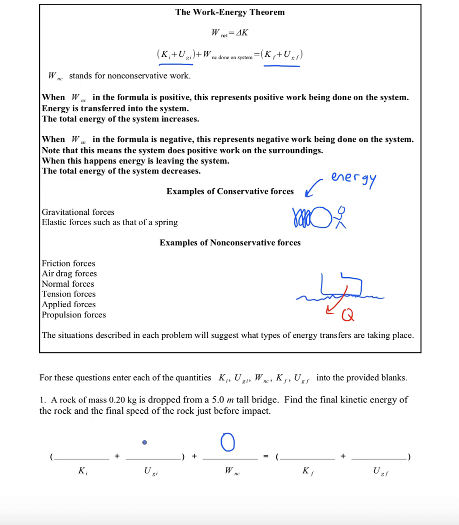So there's actually a formula for gravitational potential energy, and the formula is this: UG equals mgh, where m represents the mass of the object, h represents the height above ground, or wherever you're calling the zero, and then g represents the gravitational field strength. So that's actually what we want to use to calculate this. We want mgh.